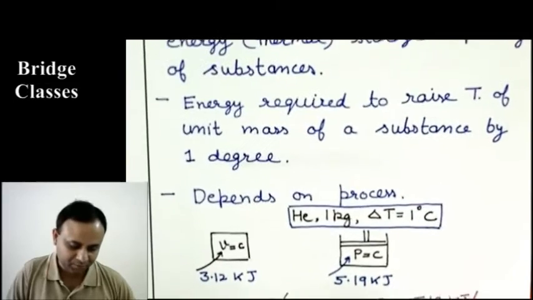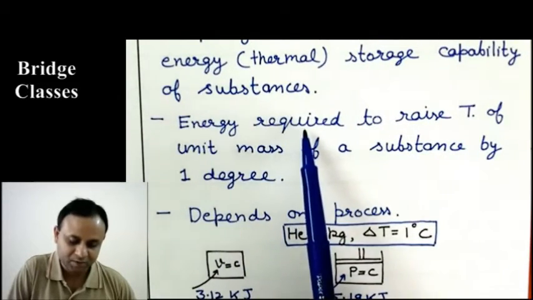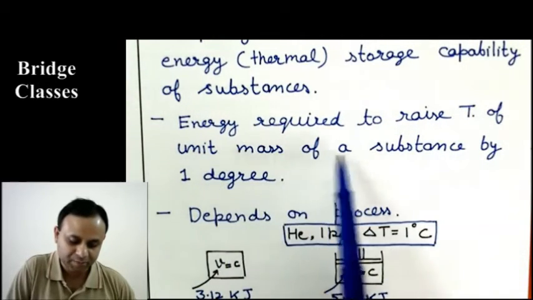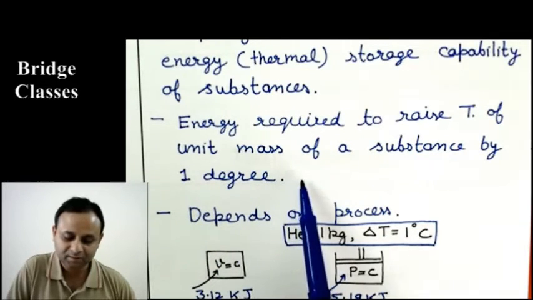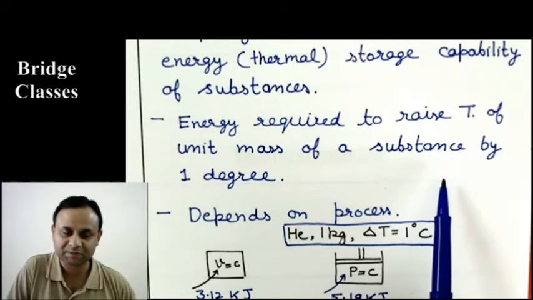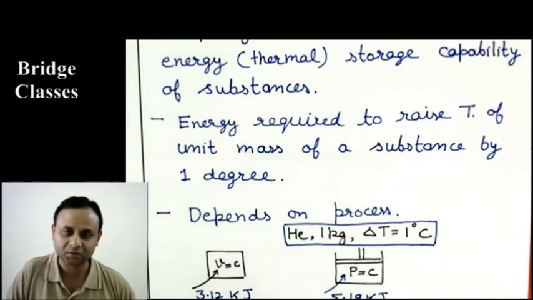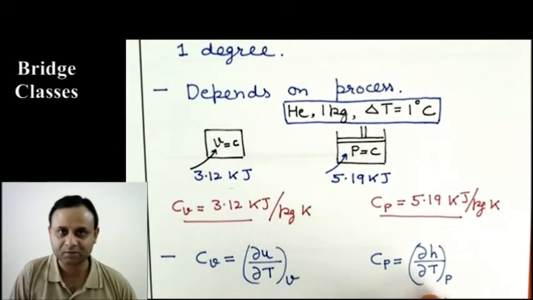So I want to complete this definition now. So we say energy required to raise the temperature of a unit mass of a substance by 1 degree when the process is executed at constant volume. So we are specifying the process. When the process is executed at constant volume, then it is called specific heat at constant volume.